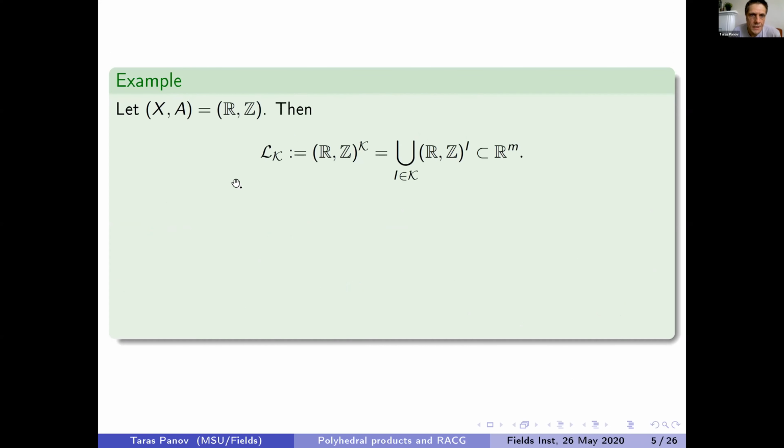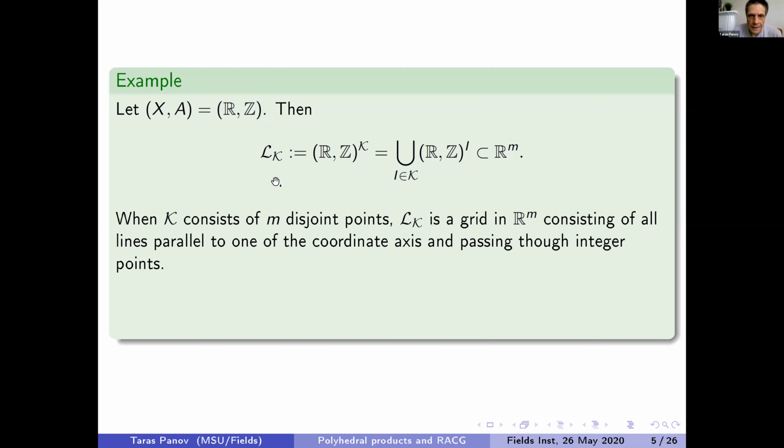Right, another important example is you take the pair of real numbers and integers. Now this second space is not trivial, it's not a point. So you get something sitting inside R^m, inside the Euclidean space, formed of planes parallel to coordinate planes.